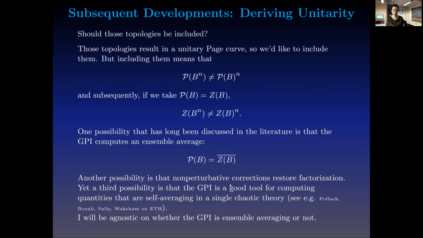Of course, the two are not unrelated, in the sense that the hope is that if we understand better what the implications of including replica wormholes are, we might get better intuition about what this thing is actually computing. I will make one comment on ensemble averaging in the next slide, and then I will move on to being completely agnostic about what this thing is computing, because it's not a lesson which is important for the rest of this talk.